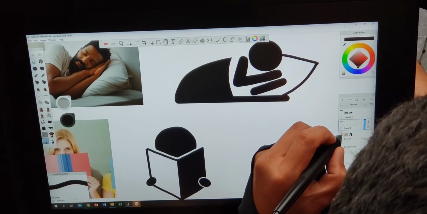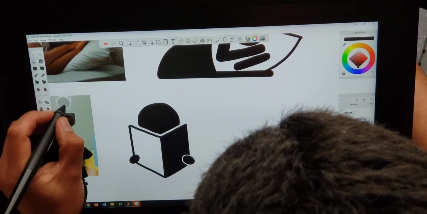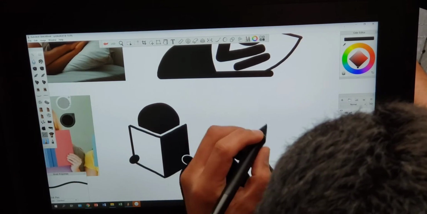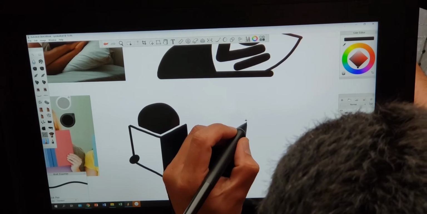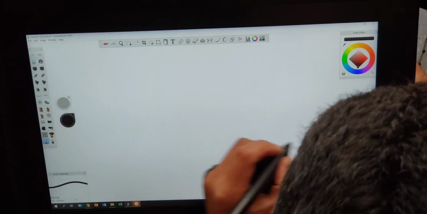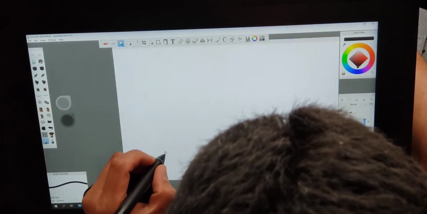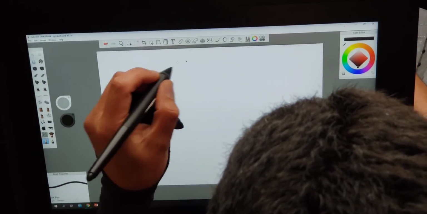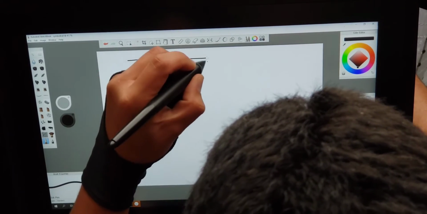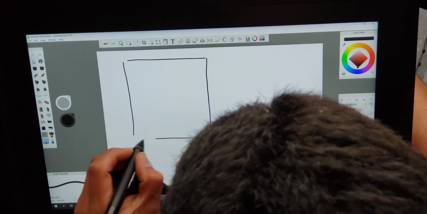When you draw your symbol, make sure that you put it in a square. Draw a square, so there is a space where you're going to put your symbol.